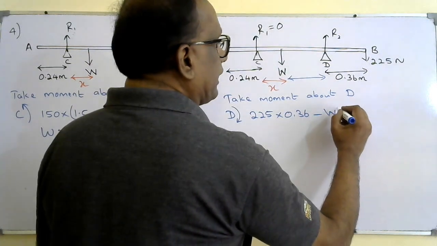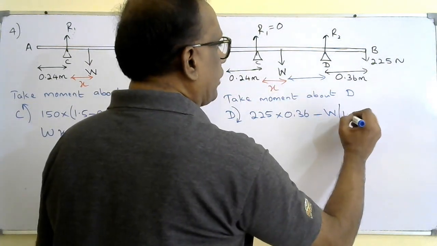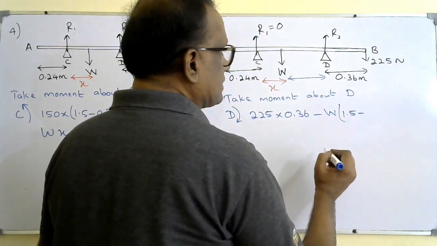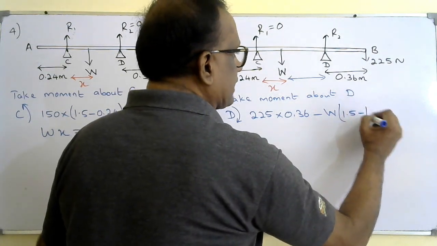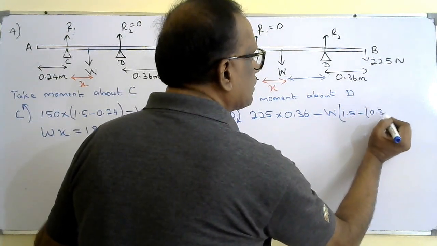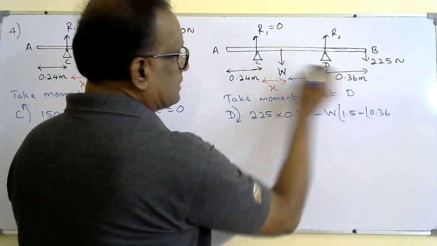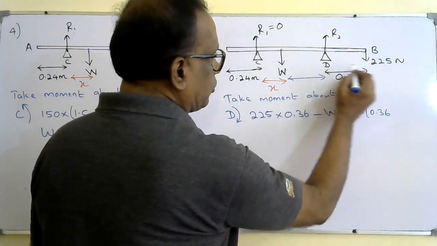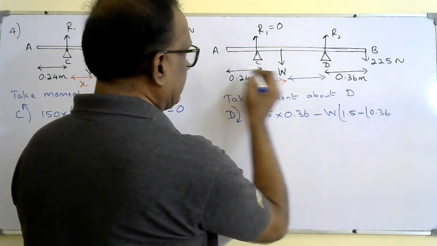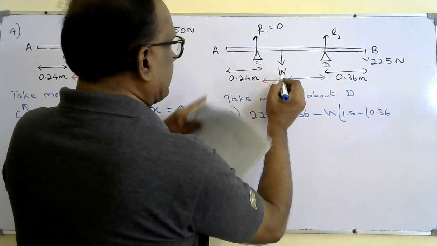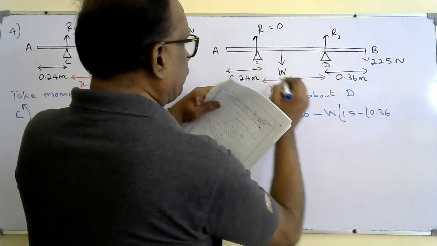So W into the total length 1.5 minus 0.36 from here to here, then from that subtract this distance, that is 0.24 plus x.